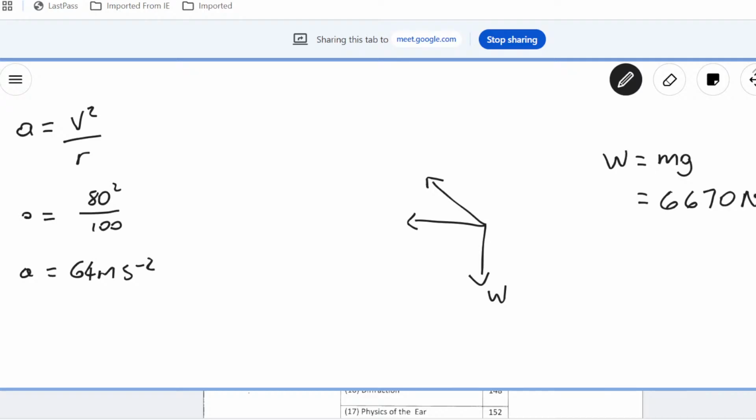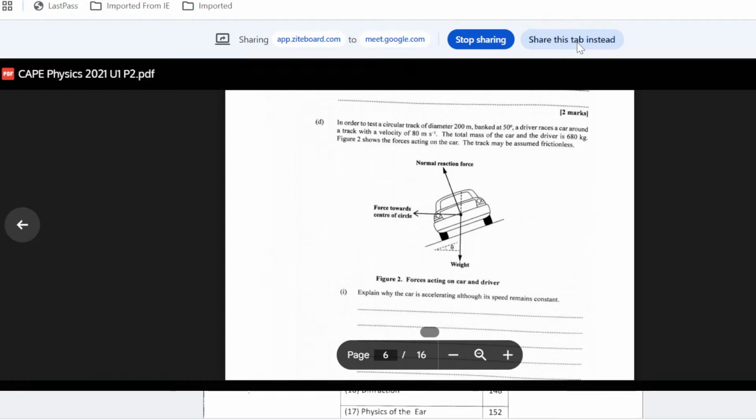Wait, what was the angle in the question? Did they give us the angle? I think it was 50. Yeah, so remember that. That's why I made sure to talk about resolving vectors.